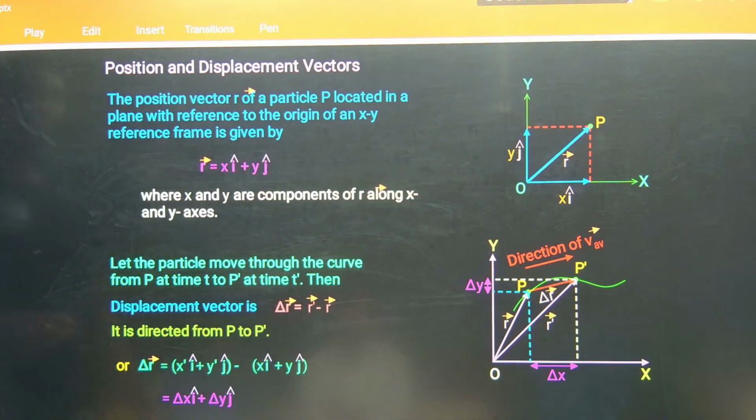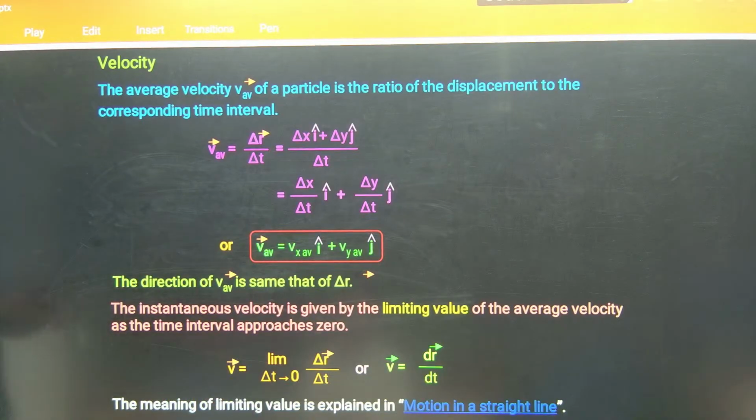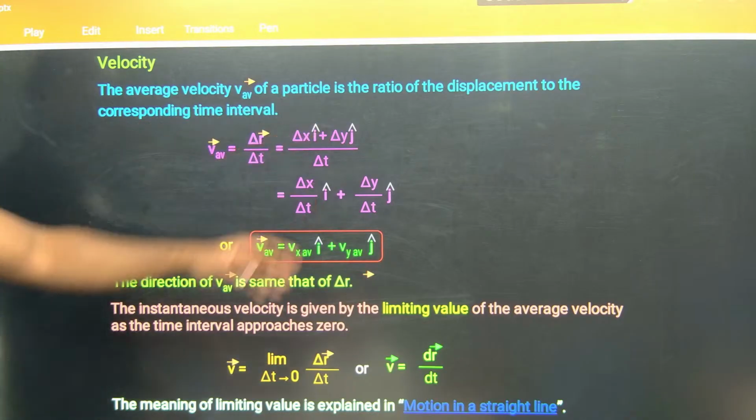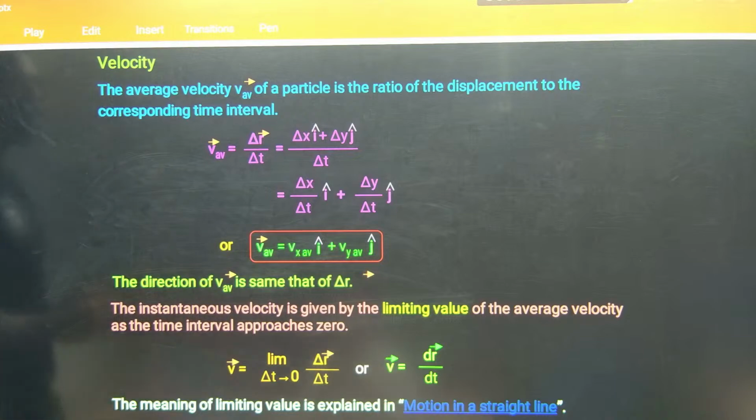Okay. So next is velocity. So whatever we have seen there in straight line, like position, displacement, velocity, acceleration, the same thing we are going to see but in two dimensional. So the average velocity of a particle is the ratio of the displacement to the corresponding time interval, right? Velocity is nothing but displacement with respect to time.